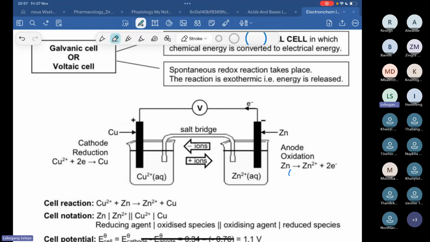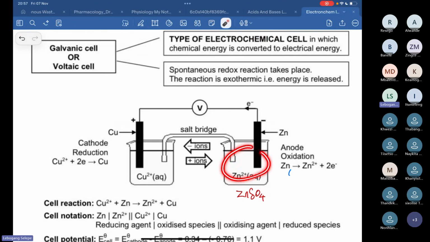Please note that we also have some negative ions in here, like SO4, so this would be a ZnSO4 solution, for example. It's very important to understand that we have negative ions to make the solution neutral.